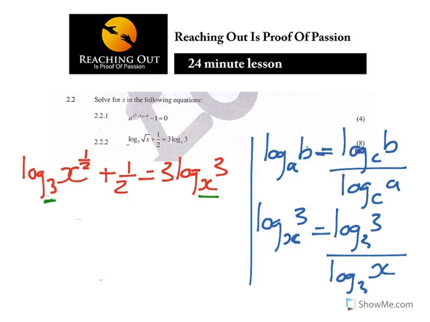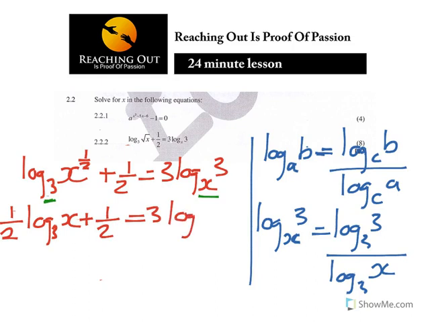Using that, I can write this as 1 over 2, remember in logs it drops down, log base 3 of x plus 1 over 2 is equal to 3. Then instead of log base x of 3, you have log base 3 of 3 over log base 3 of x. That's what you'll be having in that regard.